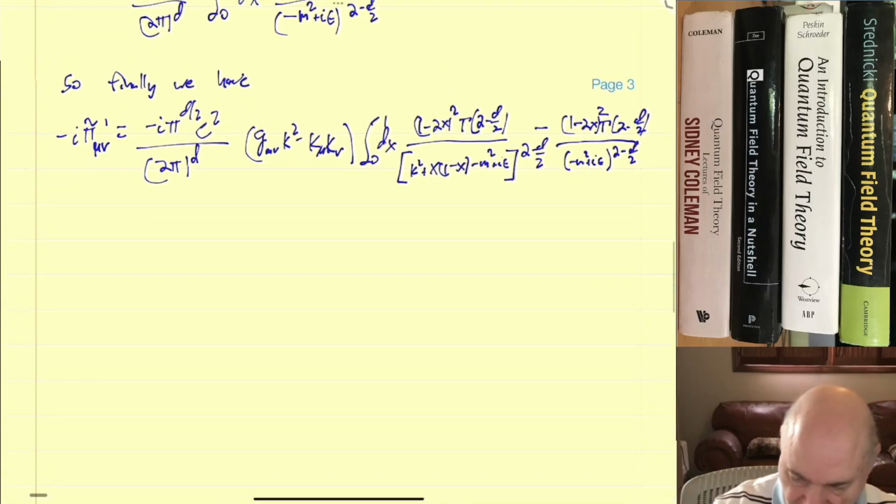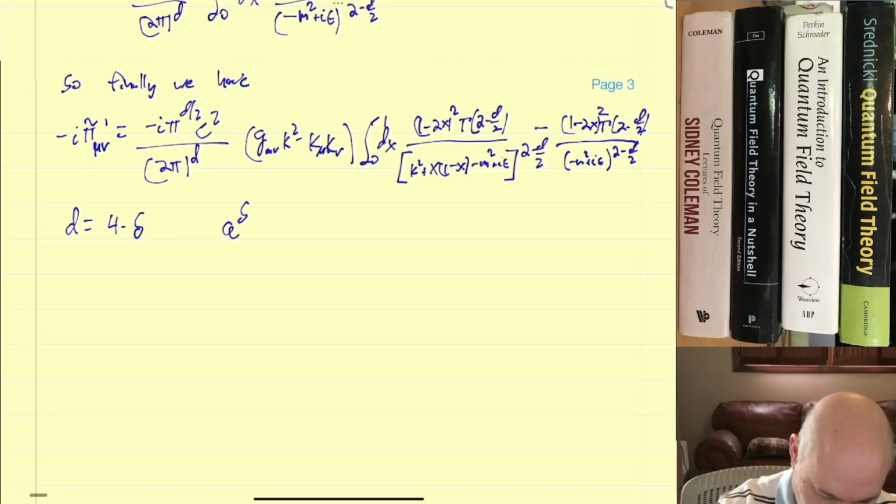Now this is in d dimensions, and basically we want to know what happens in d equals 4 dimensions. So we define d equals 4 minus del. And then we use basic identities that you can easily derive: A to the del equals 1 plus del ln A plus order del squared, and gamma of del equals 1 over del minus gamma plus order del.